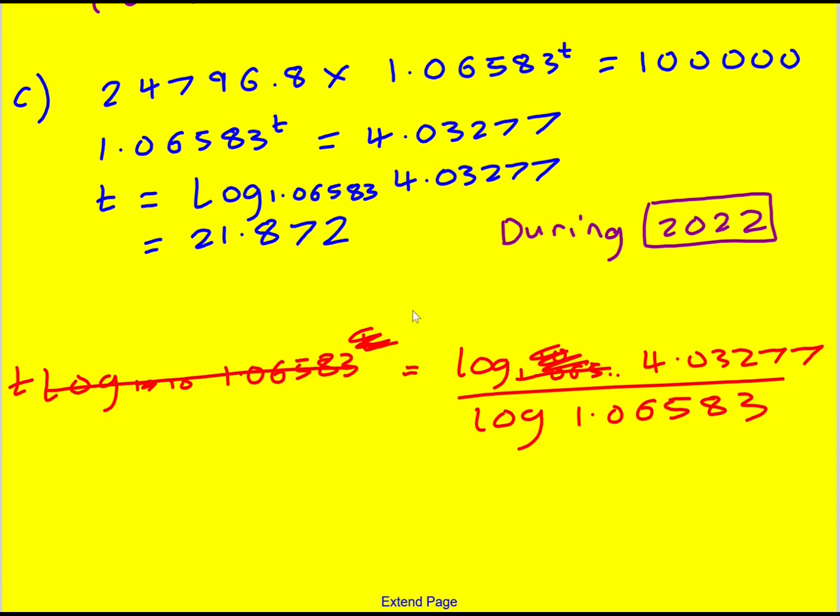So we get t is equal to this. If you put that in your calculator, you'll again get exactly the same thing. I'm not going to do it. Just trust me that it will be the case. And then we get our answer from there. So there are three sort of different ways to think about it. Sometimes people just like to stick with base 10. Just go with that always. Okay, fine, if that helps. There are quicker ways to do it, such as the way that I did it. But as long as you find a method that works, that's the main thing.